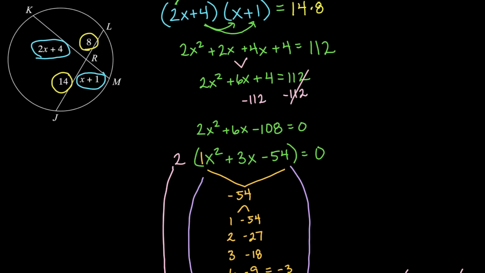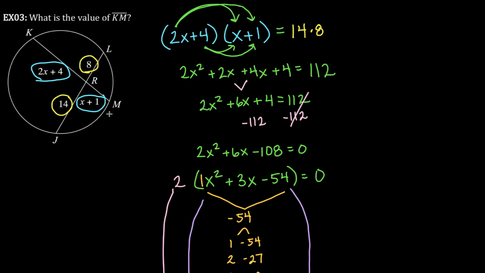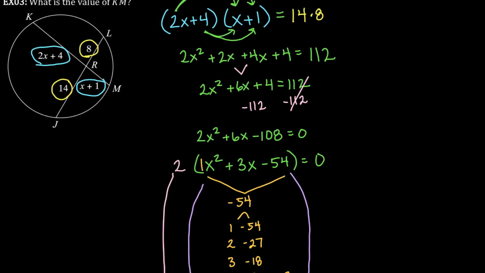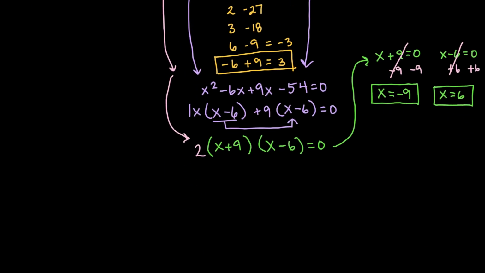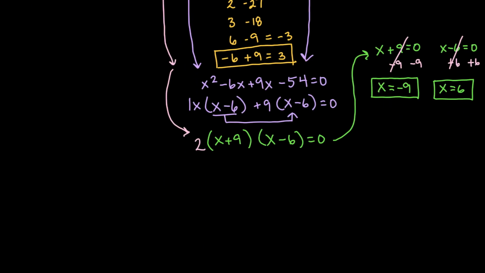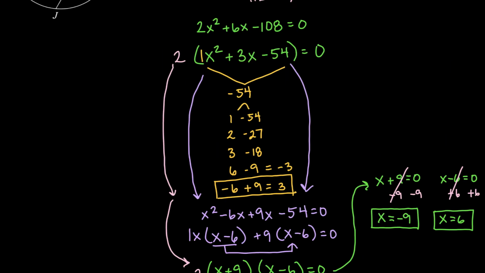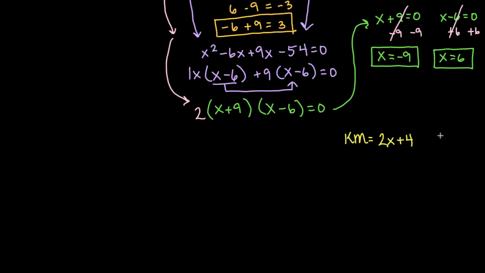Now, we want to figure out what km is, right? Oh, it's this whole thing: 2x plus 4 and x plus 1. Let's use this one. So km is 2x plus 4. Oh man, I forgot the other one. x plus 1 and x plus 1.